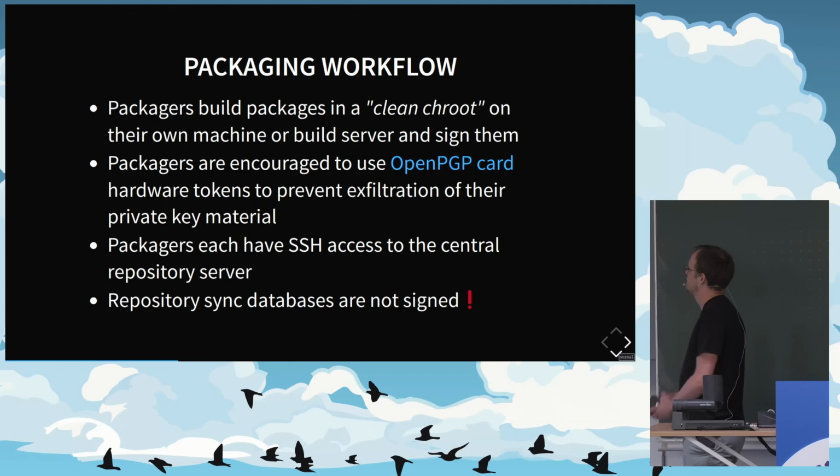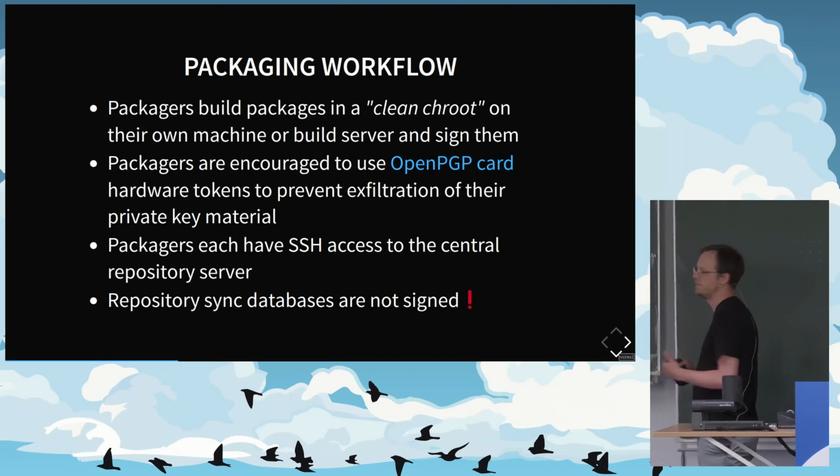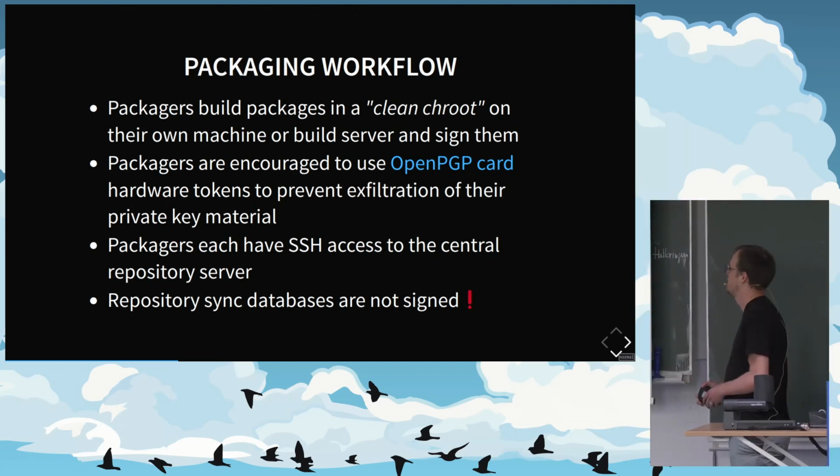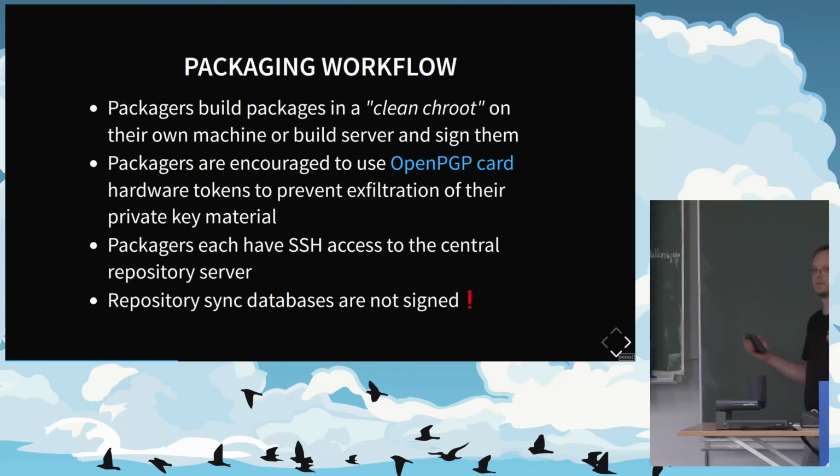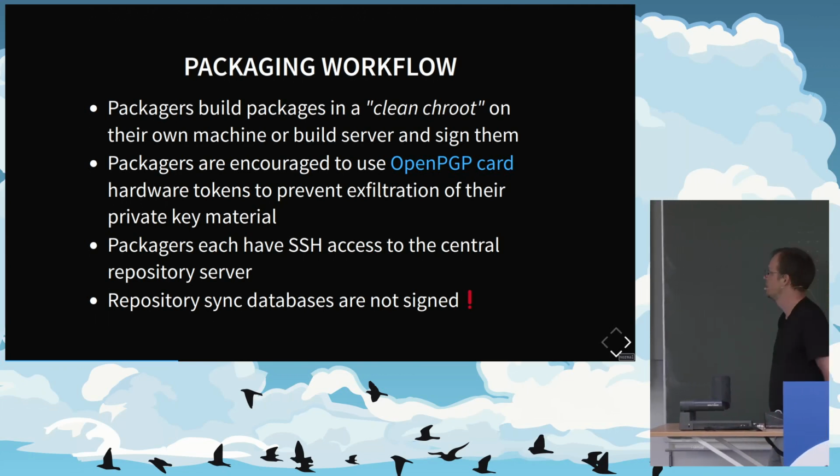So we have a workflow in which packagers build packages in a clean chroot, but that is all happening on a system, but not necessarily on a centralized system. It might be their own machine. It might be a machine that we provide. But there's not really a specific rule set around this yet. We encourage our packagers to use OpenPGP card hardware, because we don't want key exfiltration, of course, to happen.